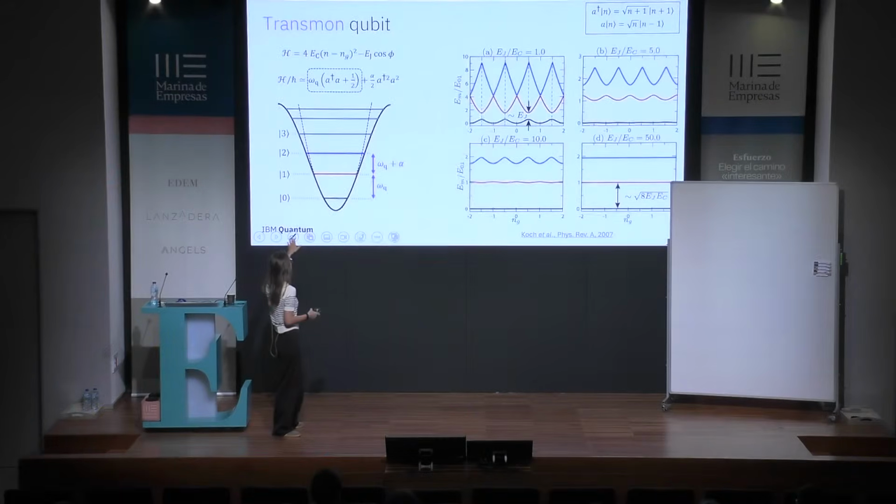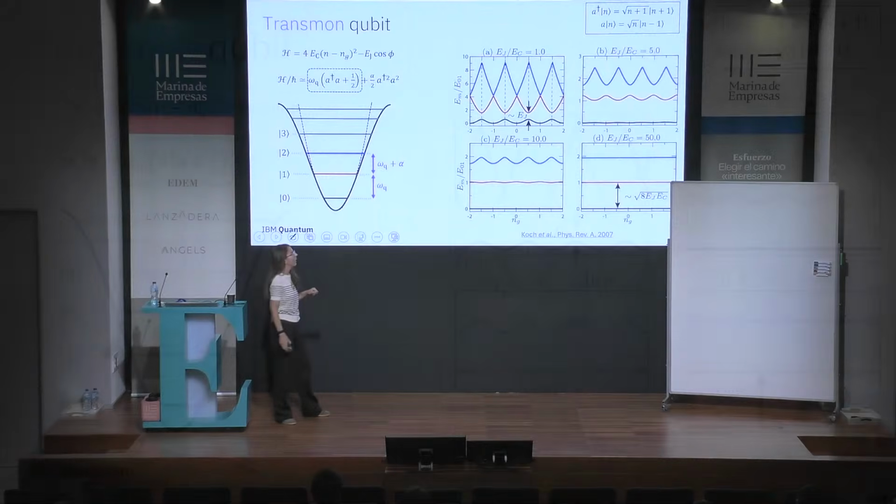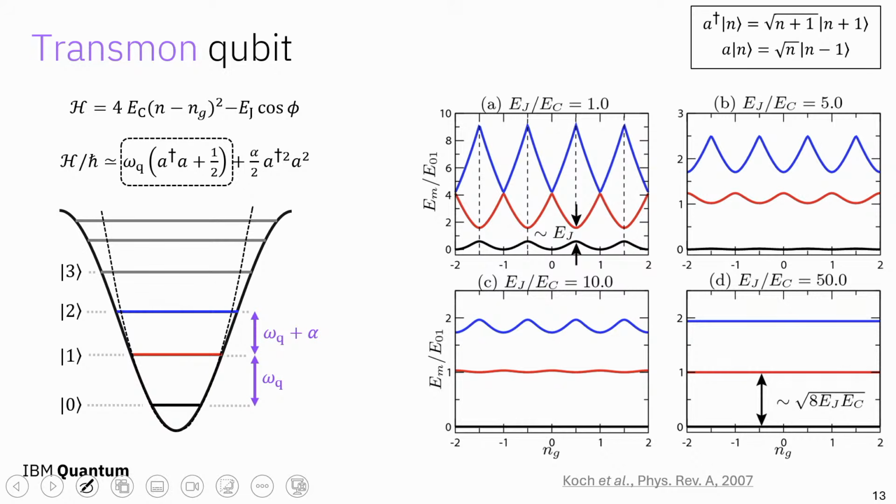And how do these eigenenergies depend on the EJ over EC ratio? You see, for instance, here in A that for small EJ over EC ratios, they depend quite drastically on it. This is something that you don't want. Here, the x-axis is the offset charge in your system.